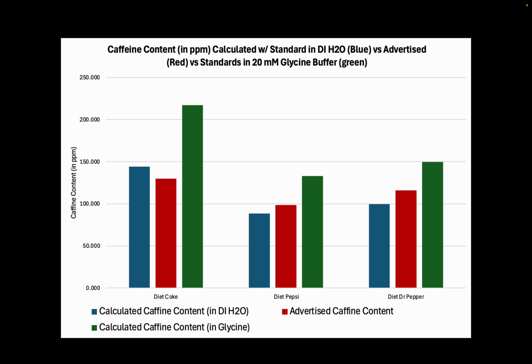But for glycine, which matches the samples better, you're seeing, like for the example in Diet Coke all the way to the left, that calculated caffeine content has an incredible amount of error in it.